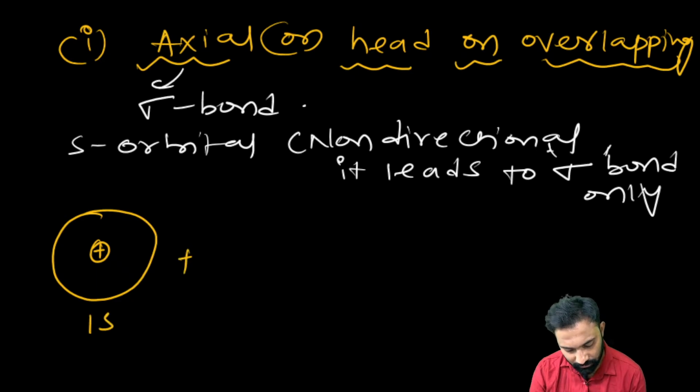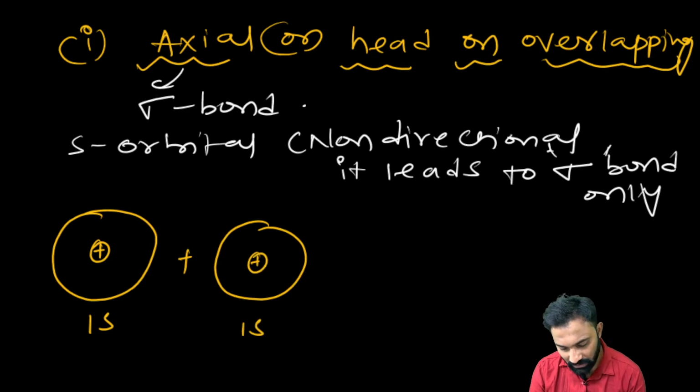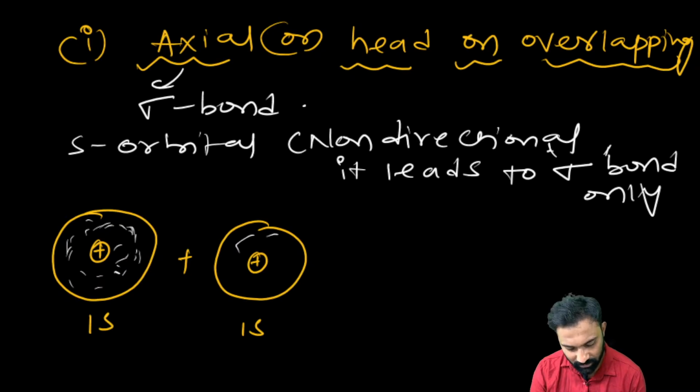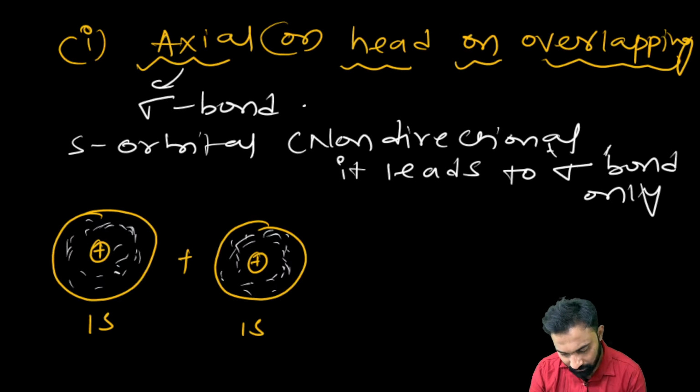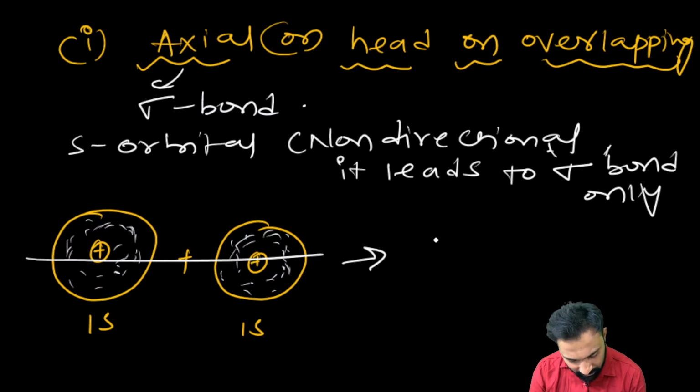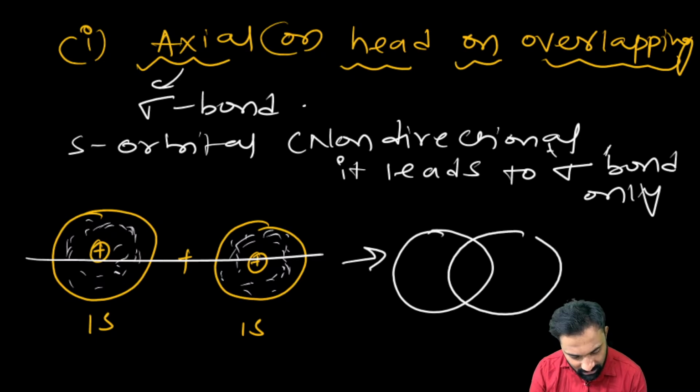If I take one s orbital and another s orbital, this is a 1s orbital and this is a 1s orbital. The 1s orbitals overlap along the internuclear axis Z. When they overlap, each 1s orbital takes some region of the other in this manner.